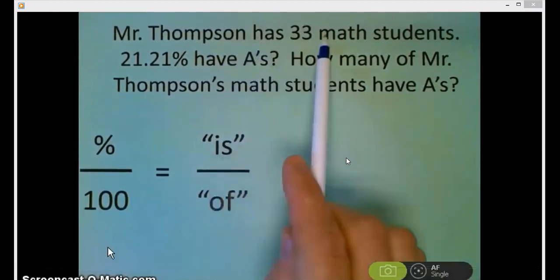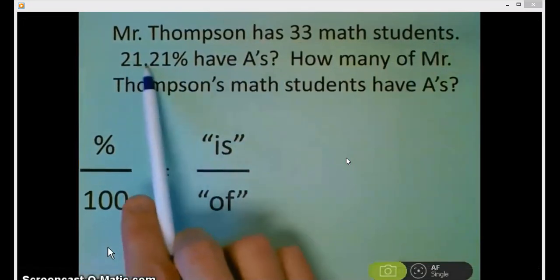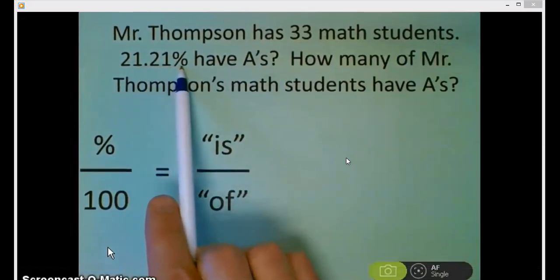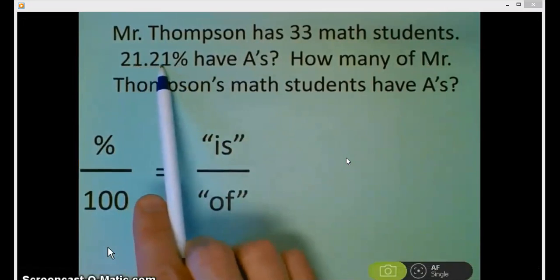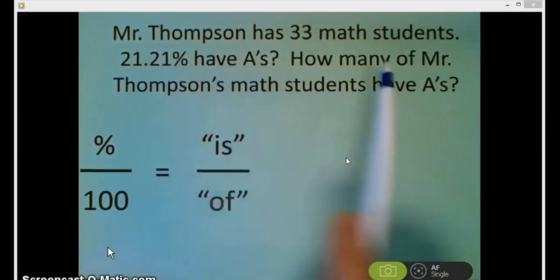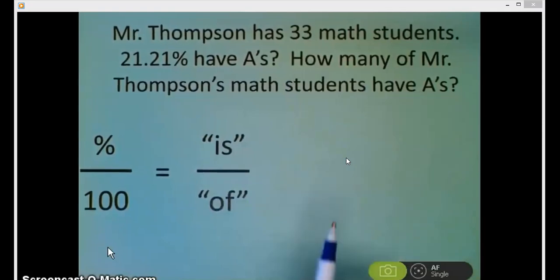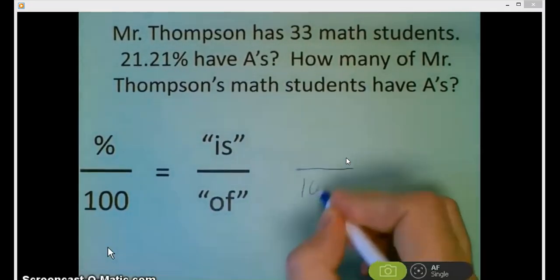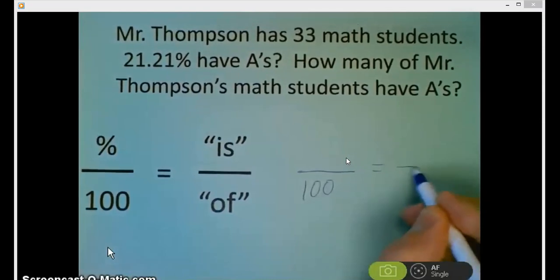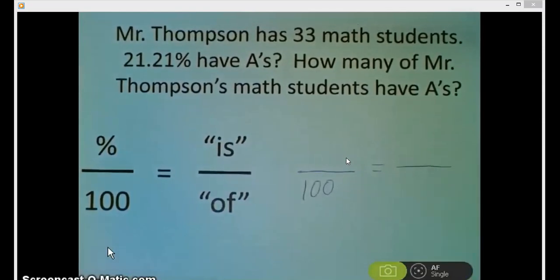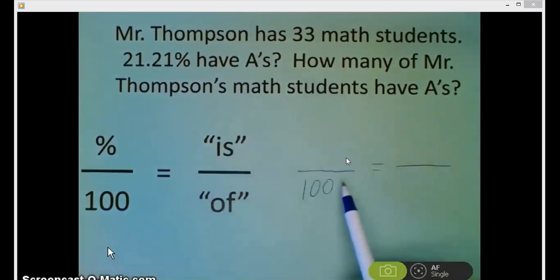Mr. Thompson has 33 math students. 21.21%, so 21 and 21 hundredths of a percent, have A's. How many of Mr. Thompson's math students have A's? So try it. The 100 is still the same. We just have to figure out which numbers that we're given go where in our is over of proportion. So give it a try.